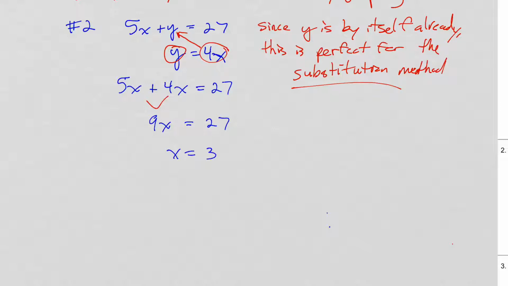We have to get the y coordinate, because solving a system means that we have two lines, in this case two linear equations, that intersect. So the intersection is an x and a y. We found the x, great. Let's go back and find the y. Well, we have an equation for the y, and it's y equals 4x.